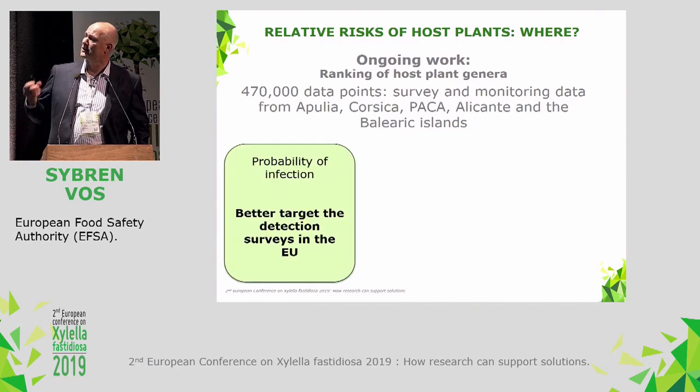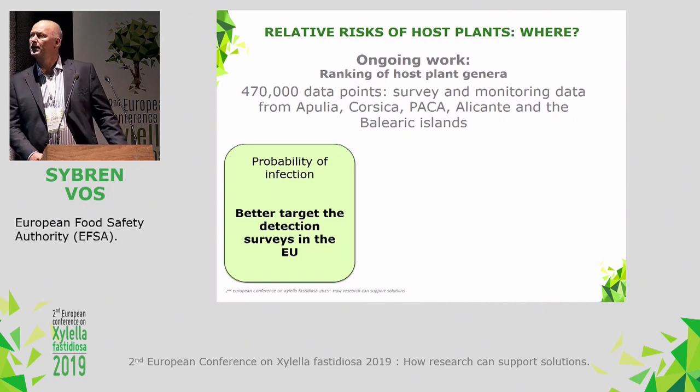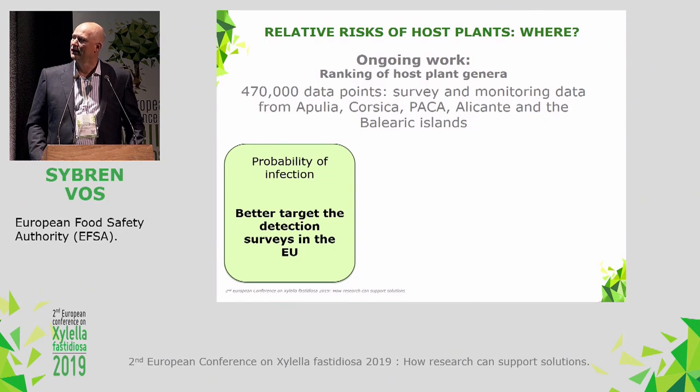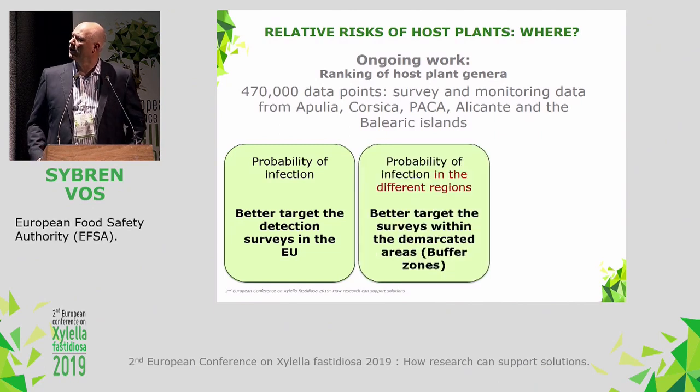What we are trying to do with this is to derive the probability of infection of a host genus, and this would help a detection survey to better target the survey. We are also trying to define the probability of infection in the different regions, because that would help to better target the survey within the demarcated areas, in particular within the buffer zones of the demarcated areas.